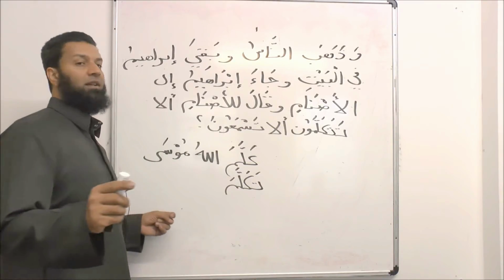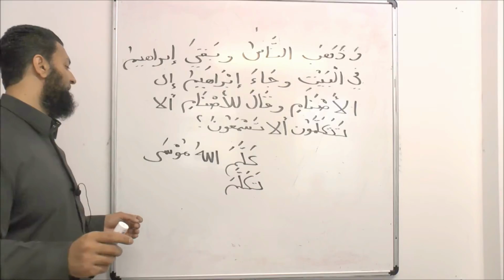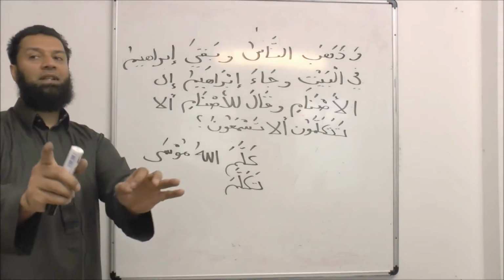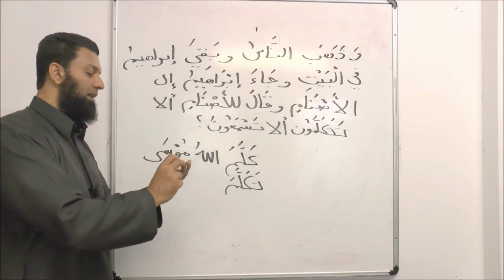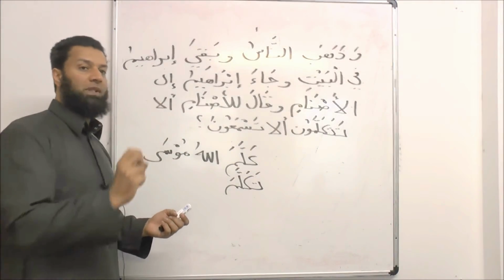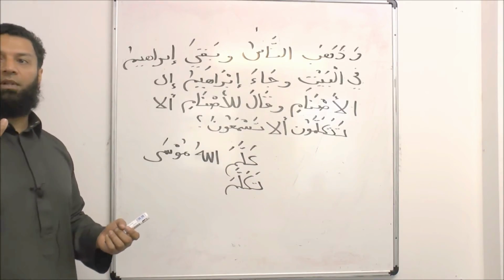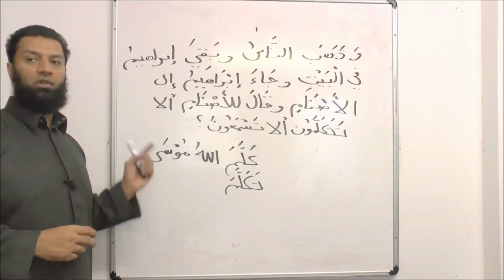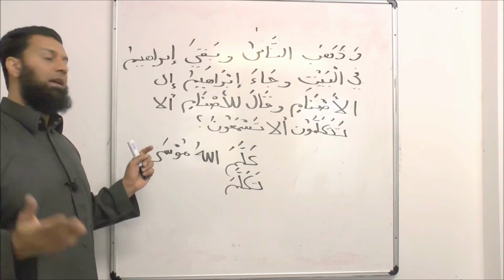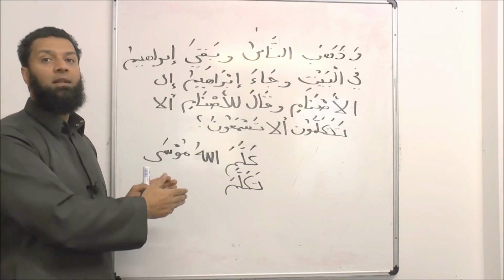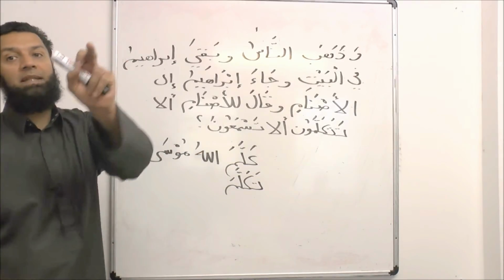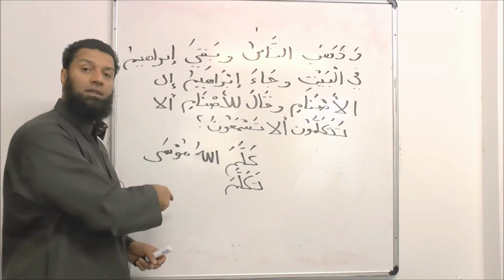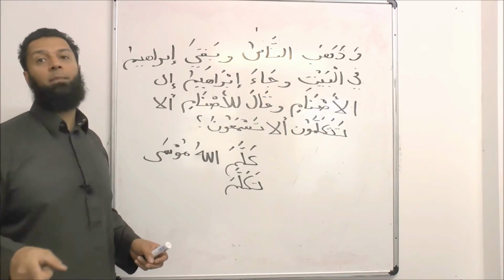Mahalli is when it's mabni, but remember the root reason is that there's a hindrance that prevents it from becoming mansub. If it was another name like Muhammad, وَكَلَّمَ اللَّهُ مُحَمَّدًا, then it would appear, wouldn't it? So it's not appearing because there's something that prevents it from appearing.